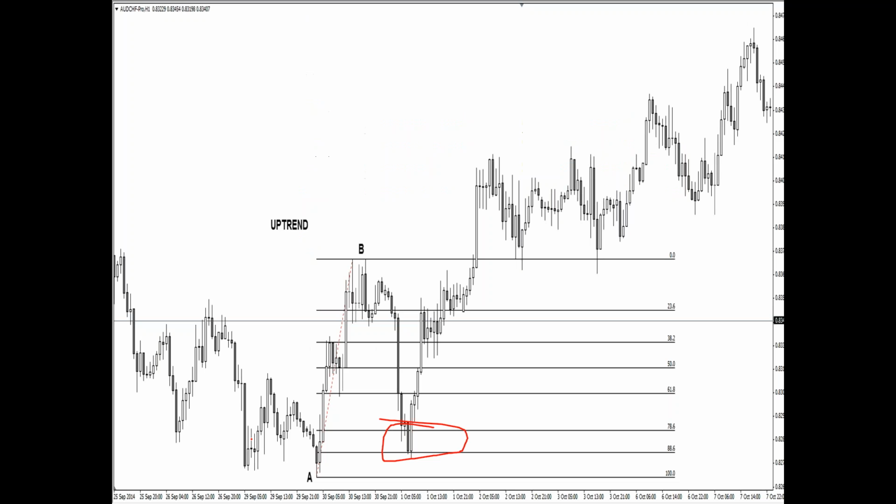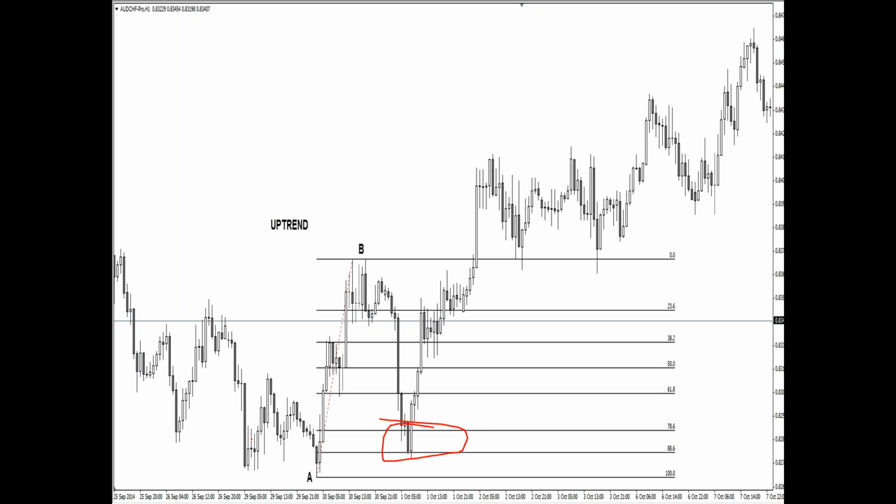And this is what I'm telling you guys. Very often you will find that 78.6 and 88.6 are actually very, very powerful. And if you still remember how we teach you to trade high momentum trading, you know that high momentum is really based on 61.8, 78.6, and 88.6.